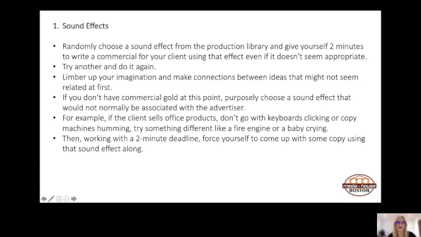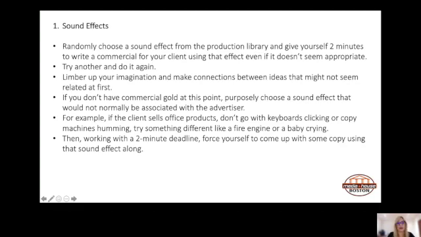If you don't have commercial gold at this point, purposely choose a sound effect that would not normally be associated with the advertiser. So for example, if the client sells office products, don't go with keyboard clicking or copy machine humming. Try something different, like a fire engine or a baby crying.